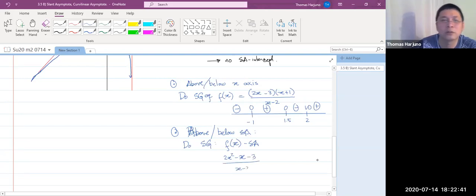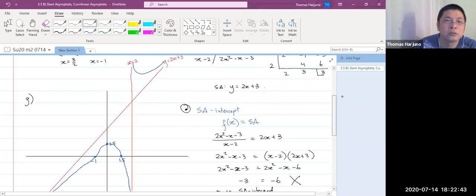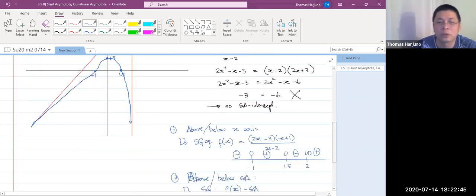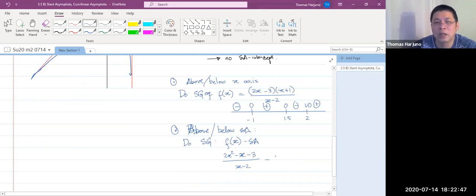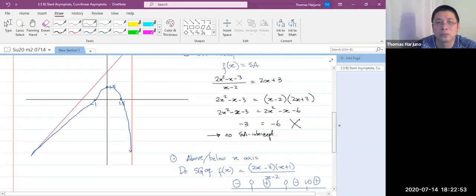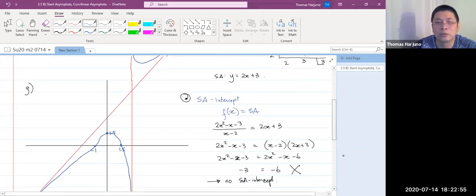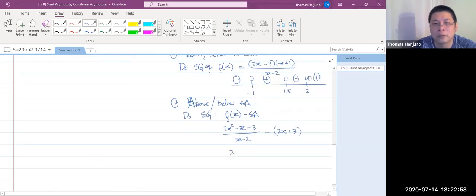Is it right? Okay. Minus the slant asymptote, which is 2x plus 3. Okay, that's the slant asymptote. Now let me simplify this a little bit.